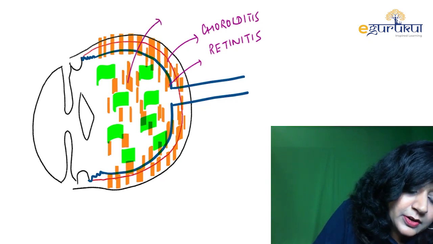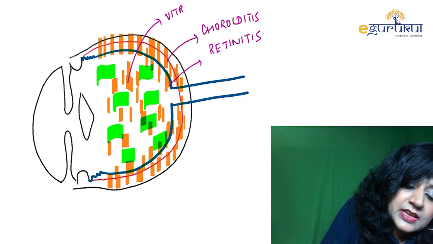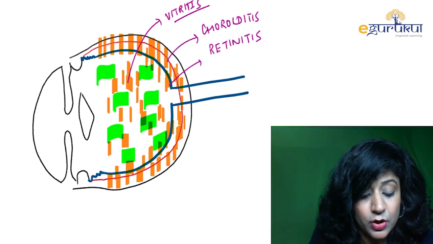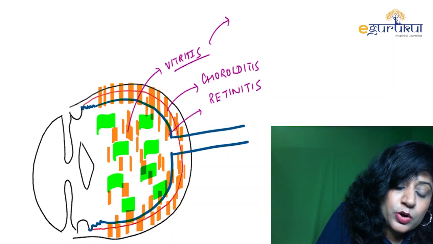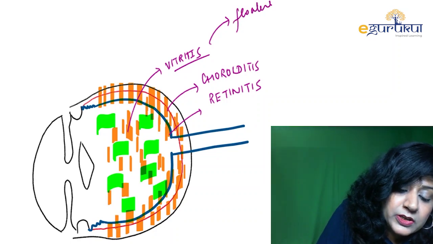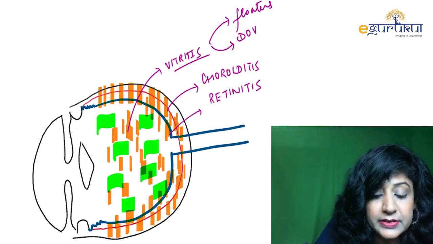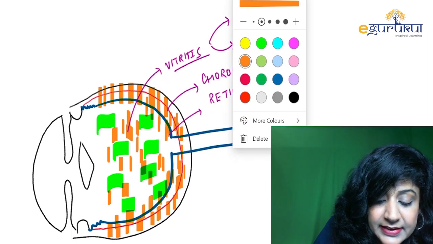So this person can also present with the vitritis, and in the intermediate uveitis, you have already seen that the patient of vitritis can have floaters. Patient of vitritis not only can present with floaters, he can also present with the diminution of vision due to the cystoid macular edema.